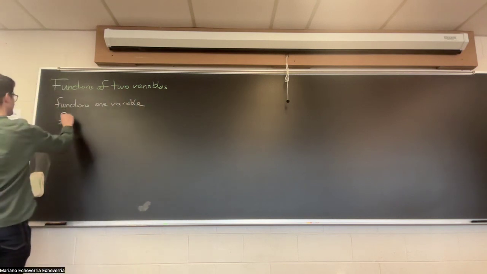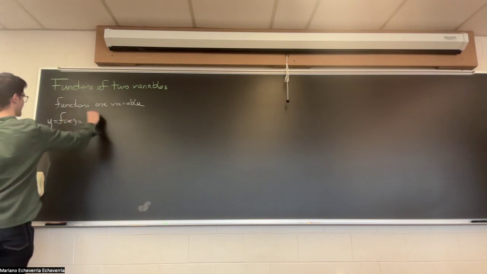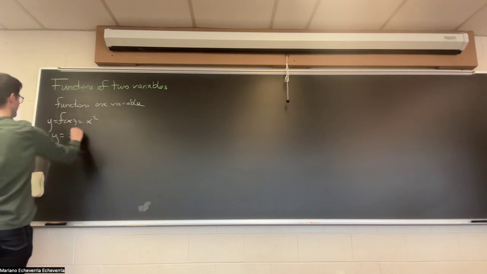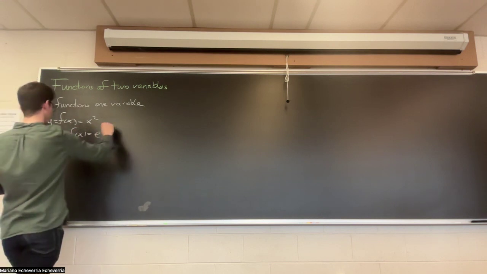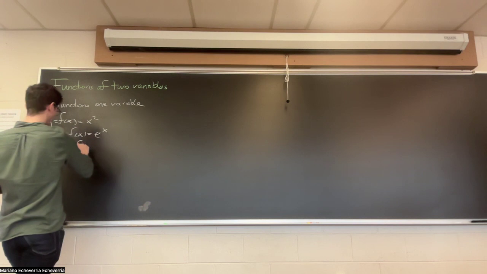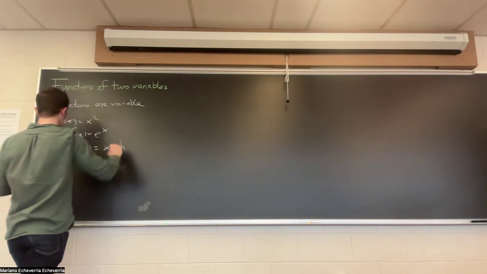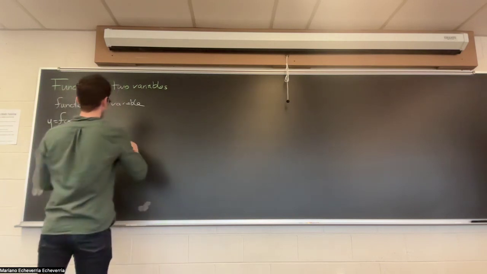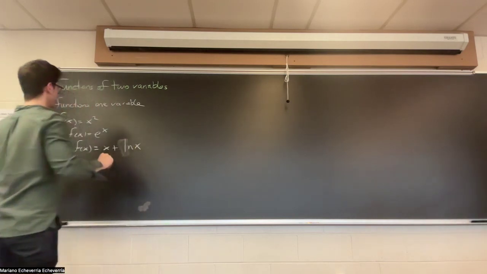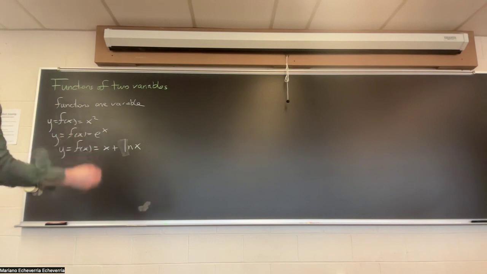Well, there were functions like this, right? Maybe you had x squared, or e to the x, or more complicated things like x plus natural log of x. And then you could keep going.